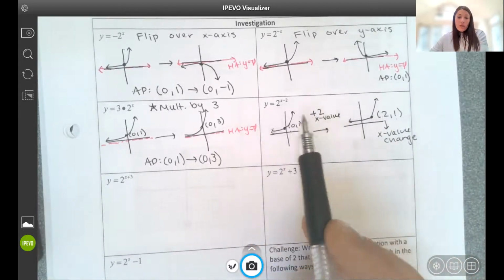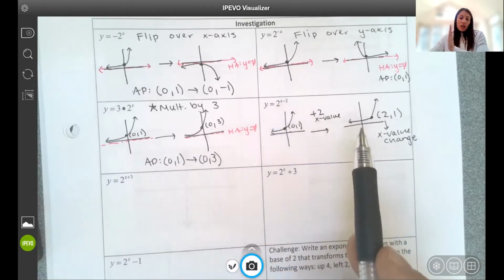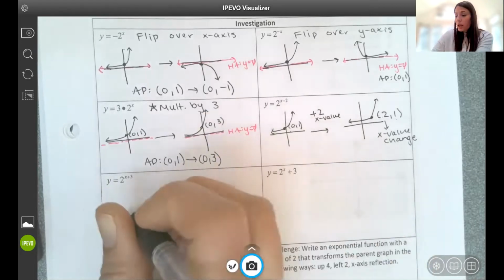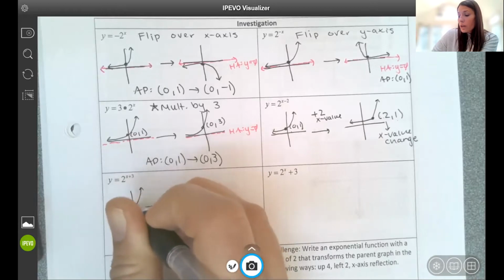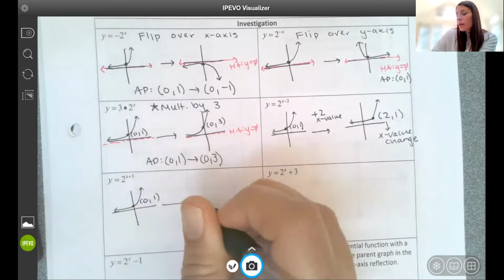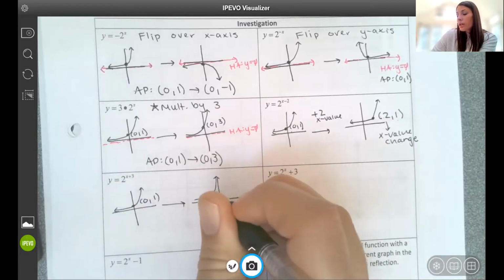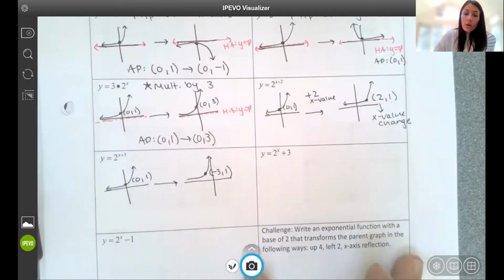Notice it's opposite, right? So it's x minus 2 actually adds 2 to the x value or shifts it to the right. Whereas x plus 3 shifted it to the left. We had our graph here at 0, 1. And when we add 3 to our exponent, it shifted it to the left and it made that point -3, 1.